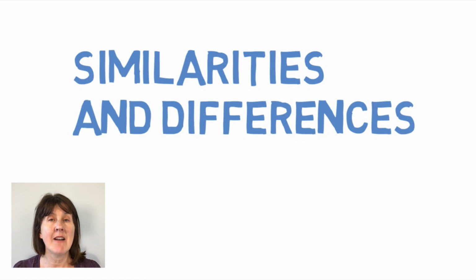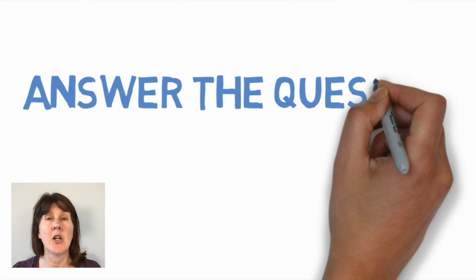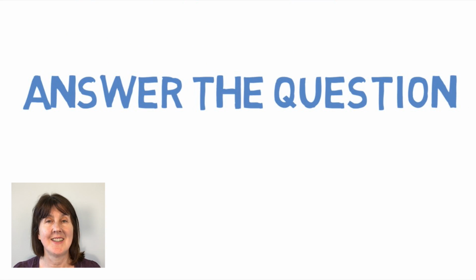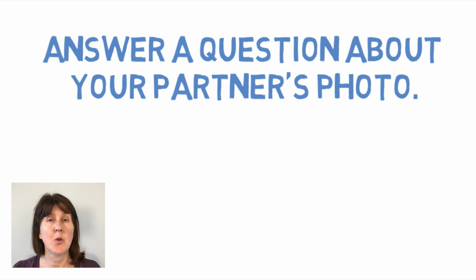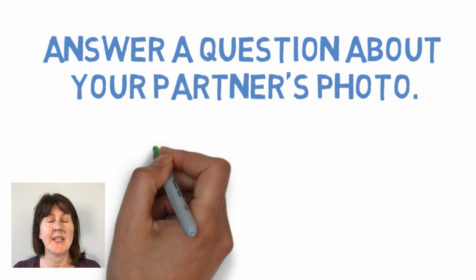You talk about the similarities and differences between the photos and answer the question. You will also have to answer a question about your partner's photos. This normally takes about 30 seconds.